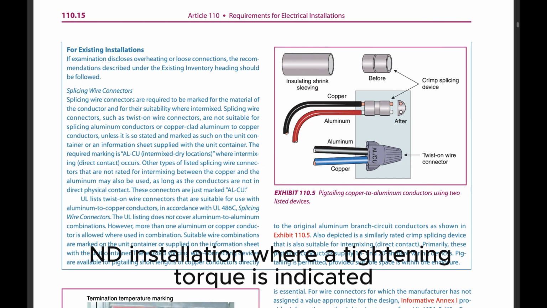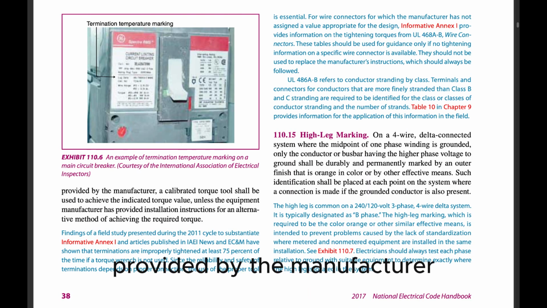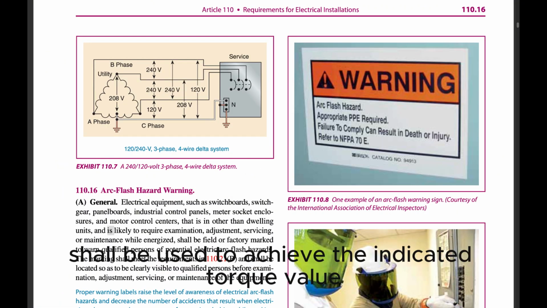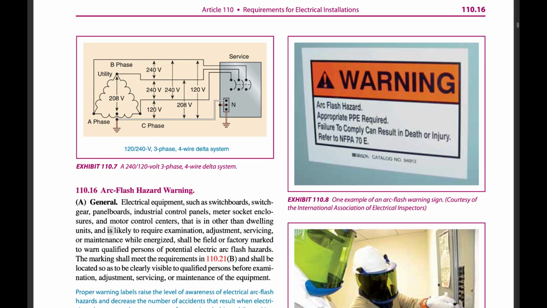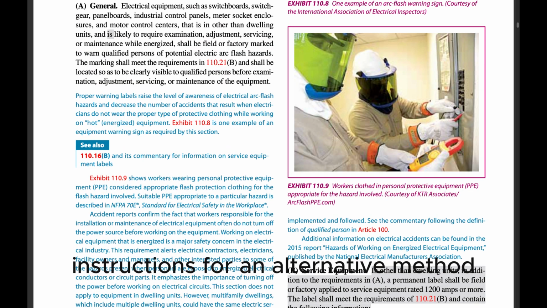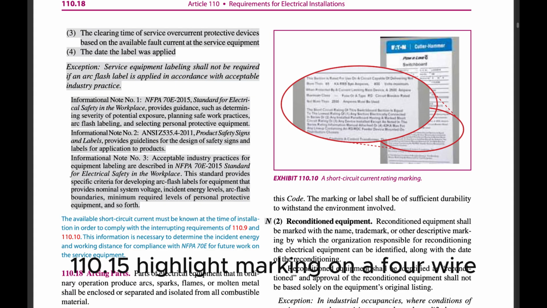(D) Installation. Where a tightening torque is indicated as a numeric value on equipment or in installation instructions provided by the manufacturer, a calibrated torque tool shall be used to achieve the indicated torque value, unless the equipment manufacturer has provided installation instructions for an alternative method of achieving the required torque.